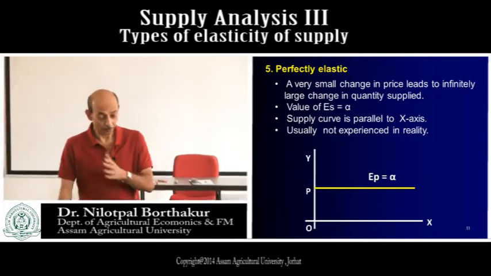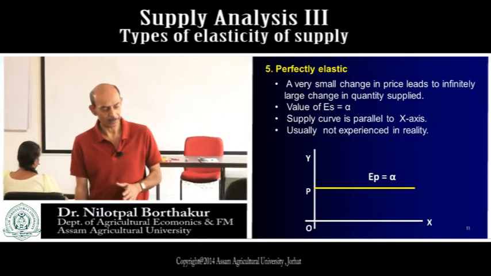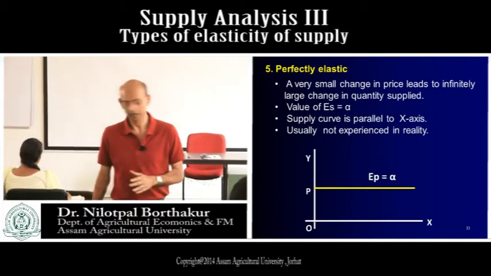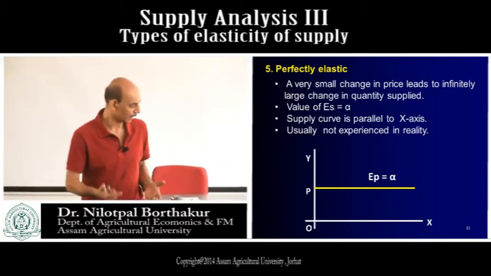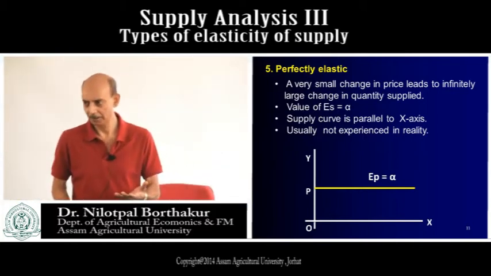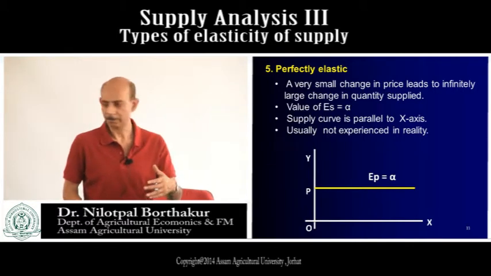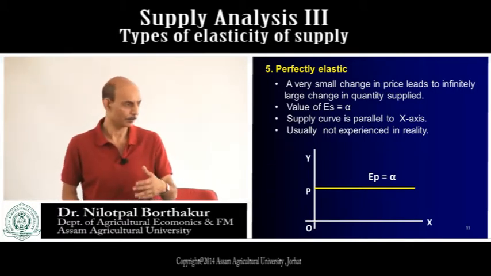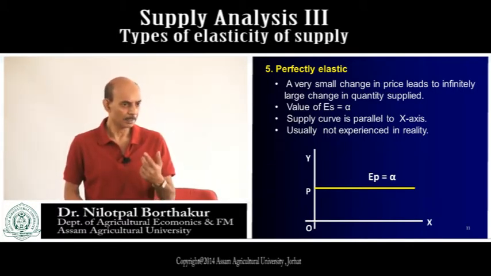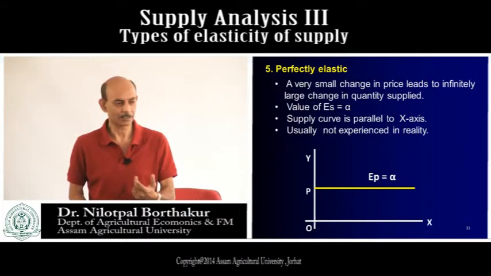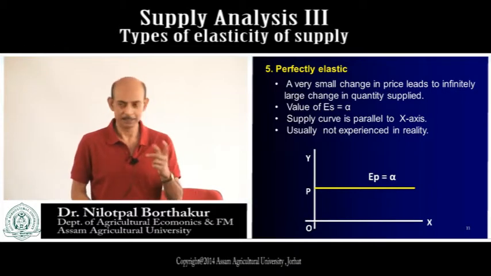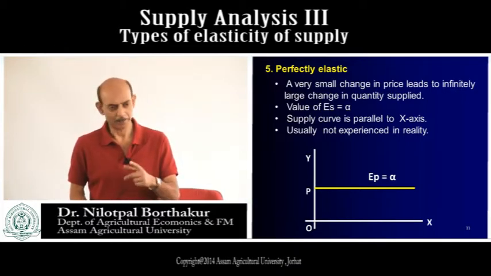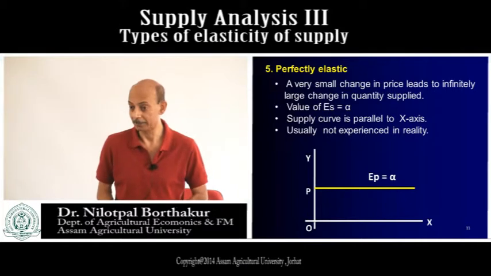Now there are two methods for measuring elasticity of supply, and one method is already we have discussed. This is the percentage method, and second one is geometric method. In case of percentage method, elasticity of supply is measured by a ratio of percentage change in the quantity supplied divided by percentage change in the price of the commodity.